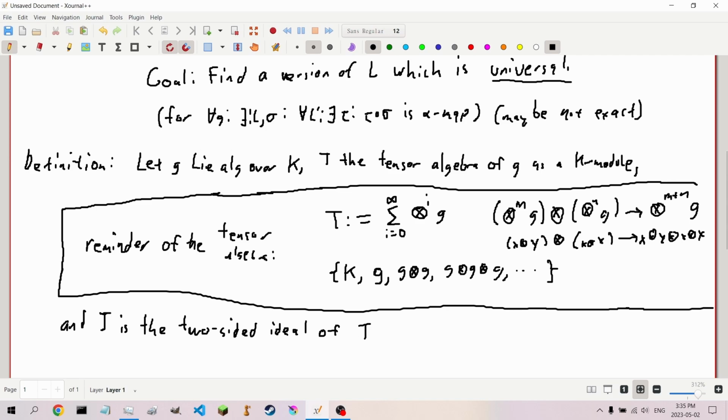In this case it's just two-sided, and this is going to be generated by the tensors of the form x tensor y minus y tensor x minus their bracket, whatever that may be.